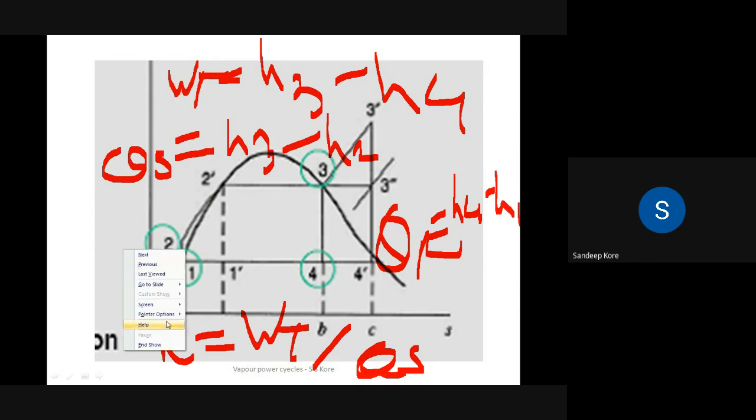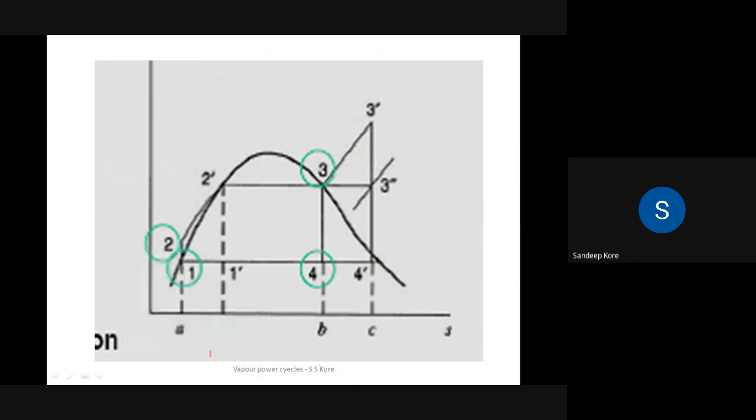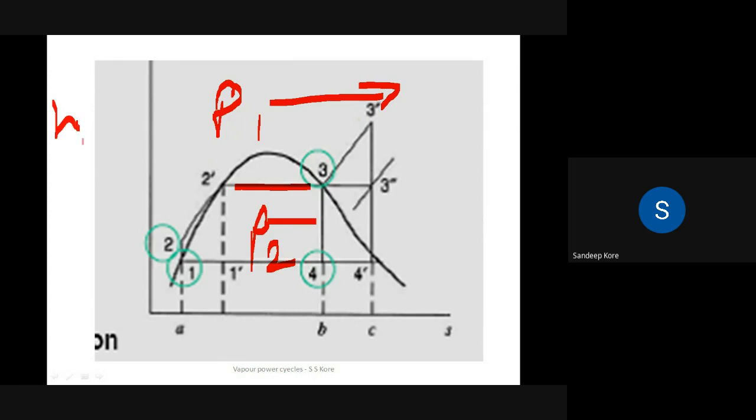But next question, how to get these enthalpies? That is the question. Now to get the enthalpies, we have been given two pressures. One is the boiler pressure, we will write it as P1, and condenser pressure P2. So at boiler pressure, refer to the steam table and note down the properties like enthalpy. Which enthalpy to refer? Enthalpy of fluid Hf, enthalpy of fluid plus vapor Hfg, which is called latent heat.